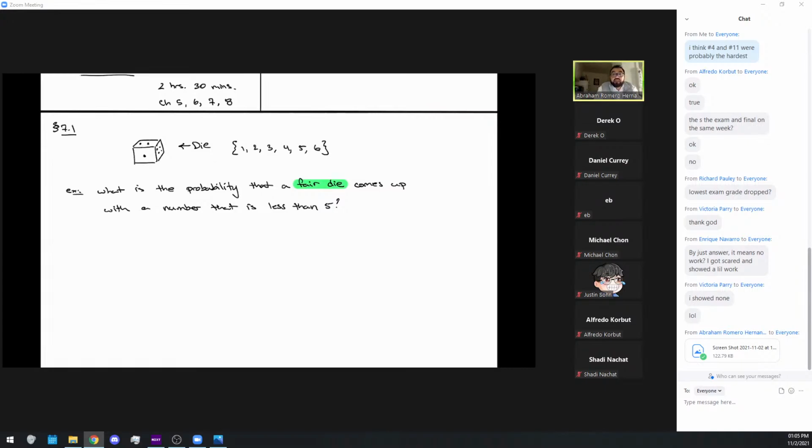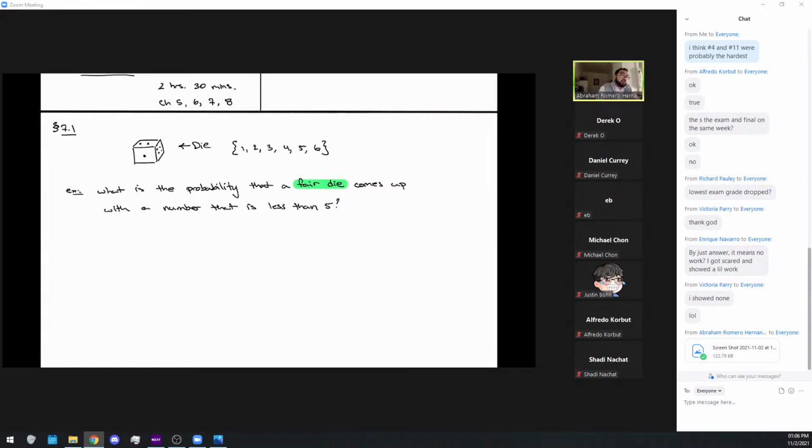All numbers have an equal chance or equal likelihood of coming out. So if you roll a die, then the number 2 has an equal chance of coming out as the number 5. The number 4 has an equal chance as the number 6 coming out. And the number 6 has an equal chance as the number 2 coming out, and so on and so on. That's what it means by fair die.